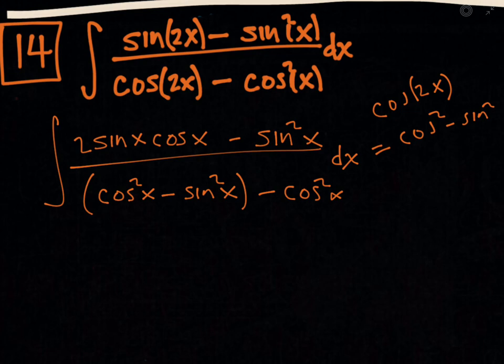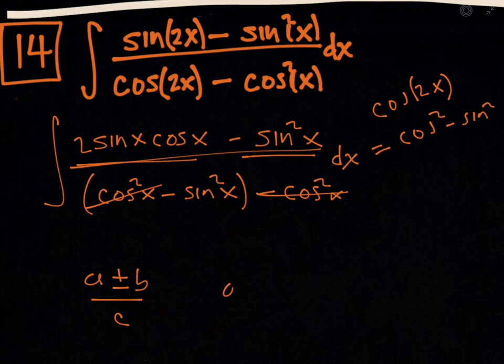Great. So here's what we can do. Like we wanted, that cancels with that. And now we can split this into two different integrals. If I have A plus or minus B over C, I can split that integral.